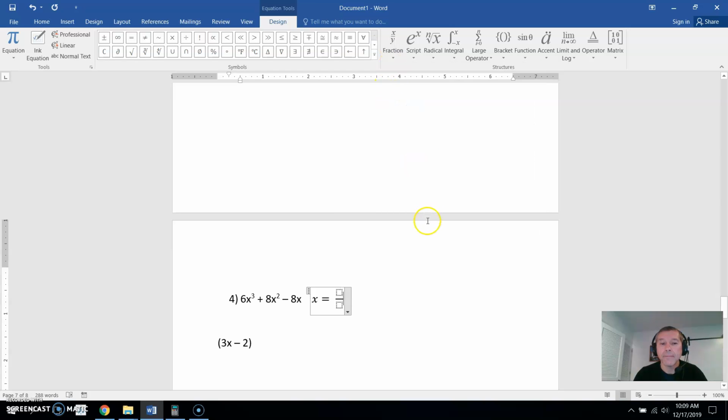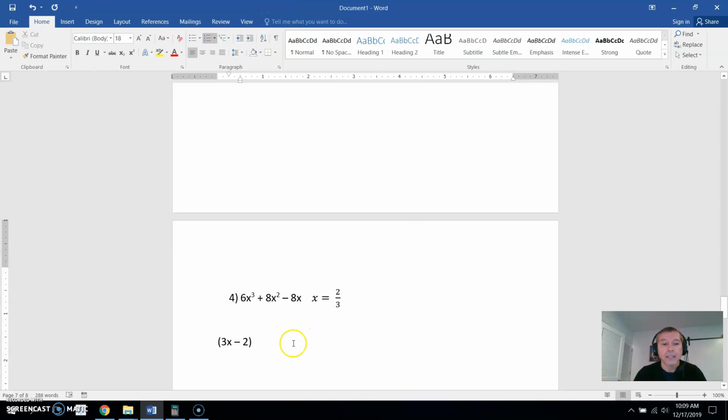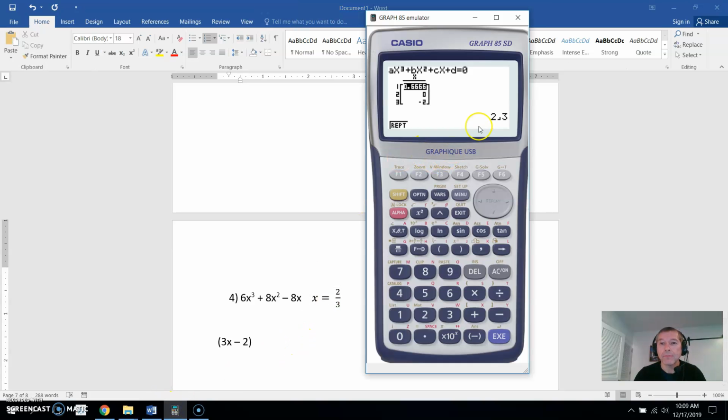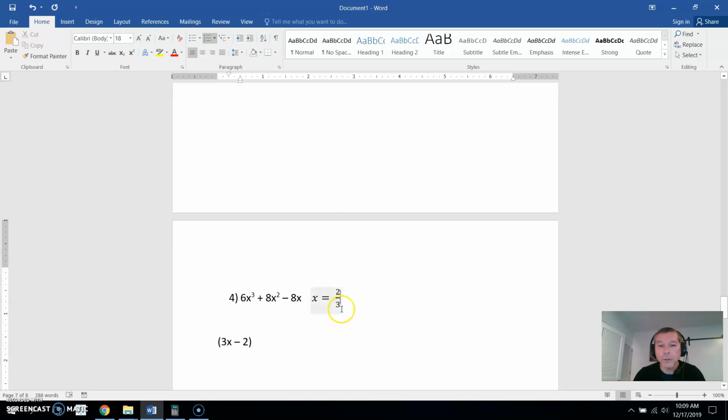I think it was 2/3. Let me just double check. Yep, 2/3. And you cross multiply, so that's 3x equals 2. Then move the 2 over to the other side, and that's where the 3x minus 2 came from.